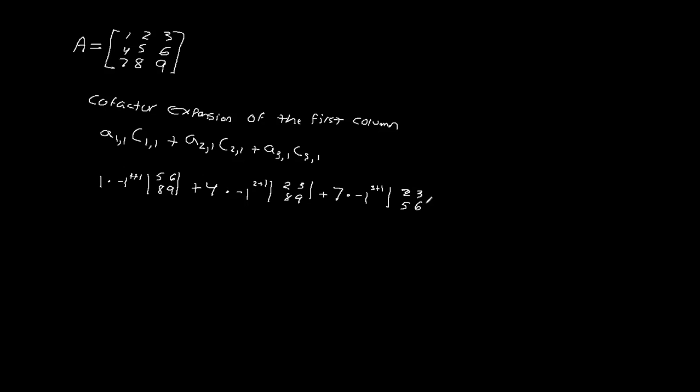Okay, so just to recap how we get the determinant of a 2 by 2 matrix, let me make a note of that up here. For a 2 by 2 matrix with entries A, B, C, D, the determinant is AD minus BC.